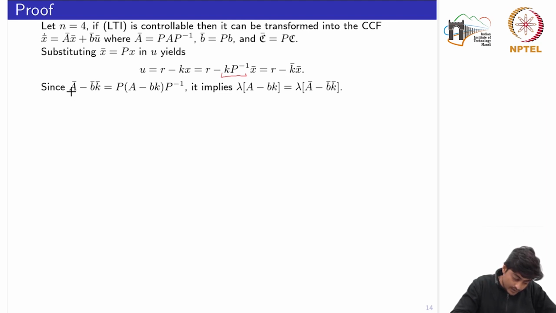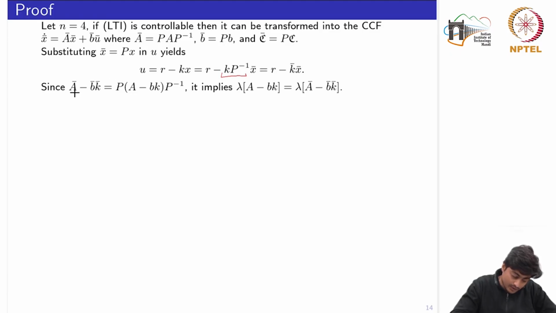Now note that if we see this closed loop system with this control signal, if I apply this u to the transformed system, we would have the state matrix as a bar minus b bar k bar. Now a bar is nothing but PAP inverse, b bar is PB, and k bar is kP inverse.